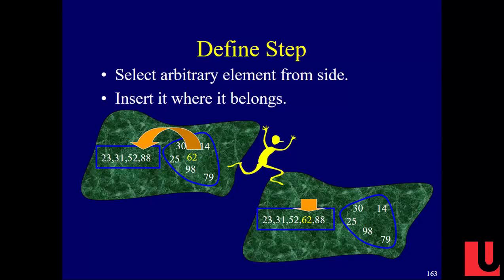So one thing that we need to make sure is that that's maintained, right? And that's maintained because we're taking some number and we're moving it, right? So we haven't created or destroyed any numbers. We have the same collection of numbers. And we have to maintain that these numbers are sorted, right? And they were sorted, and we inserted a number in the right order, so they're still sorted, right?